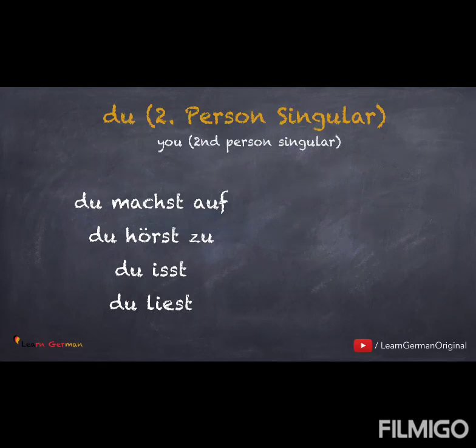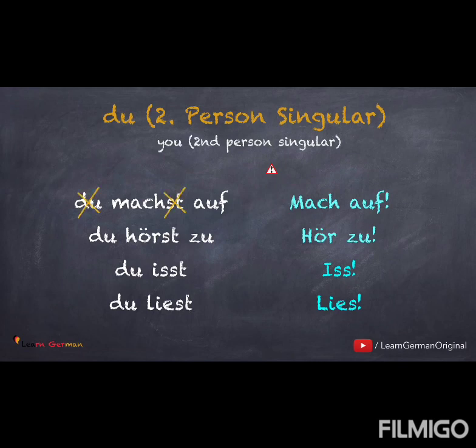The next 2 verbs are irregular verbs. Let's see how we form the imperative of these verbs. Mach auf, hör zu, iss, lies. As discussed before, while making imperative, we remove du and the ending st from the verbs.